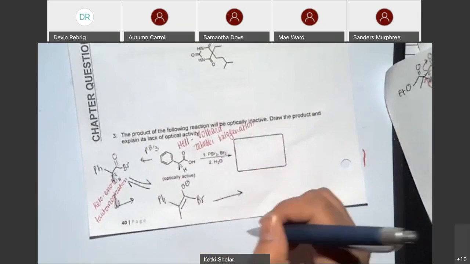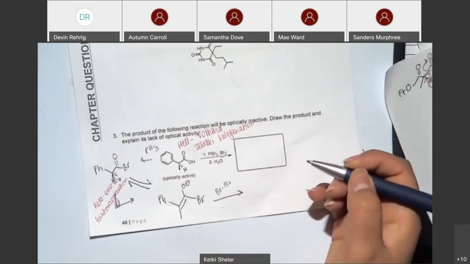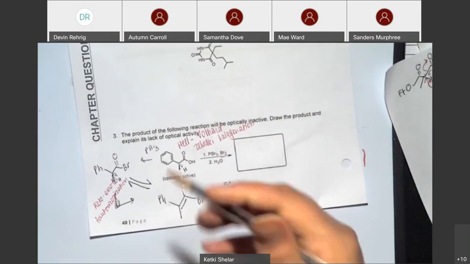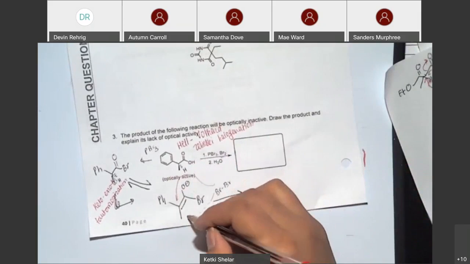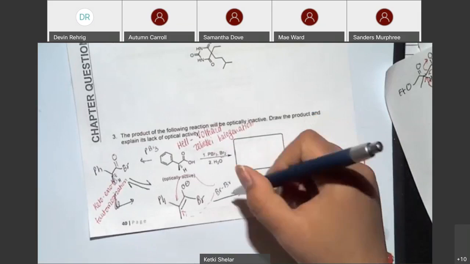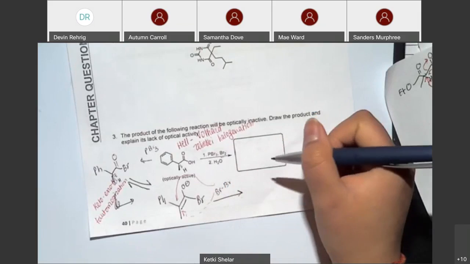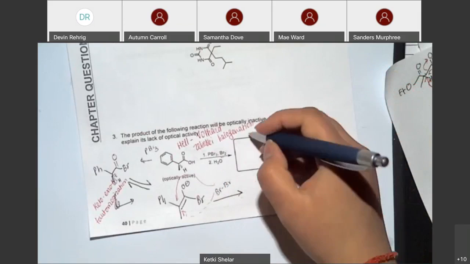So at this step, whenever there is this Br2 addition, it can attack from the back or even from the front. Okay. So that's why the stereochemistry is, it's not optically active, basically.